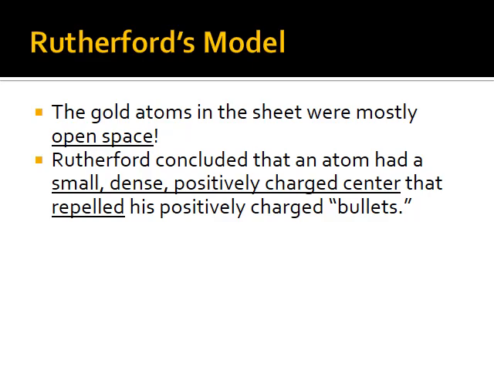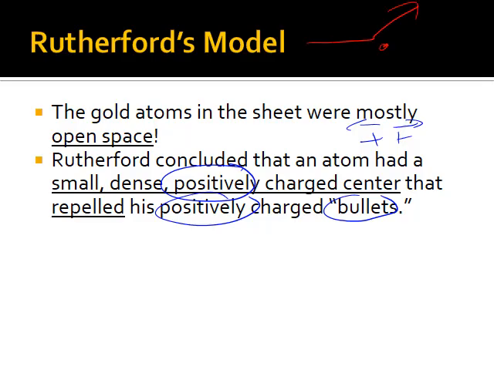They would only have repelled if they were positively charged, right? Because remember, positives and positives repel each other. So that's why he was getting some of those bullets that were going in and then going off at an angle like this. That would only happen if you had a positive charge there and a positive charge getting bounced off. And he knew his bullets were positive charge. So that's why he was able to determine that the stuff in the middle was positive.